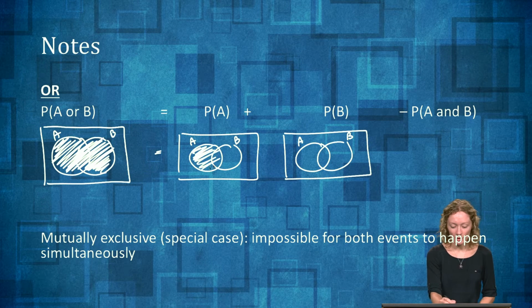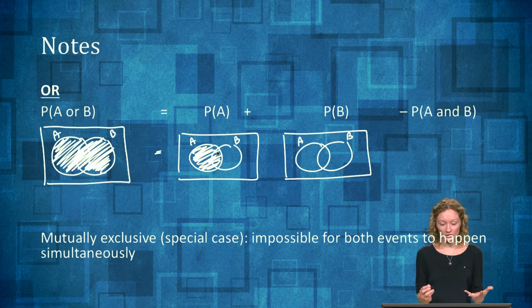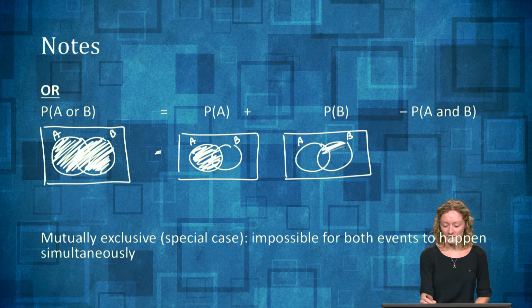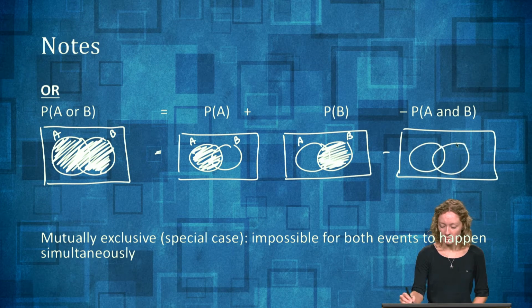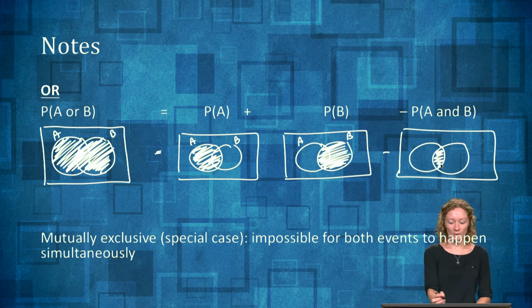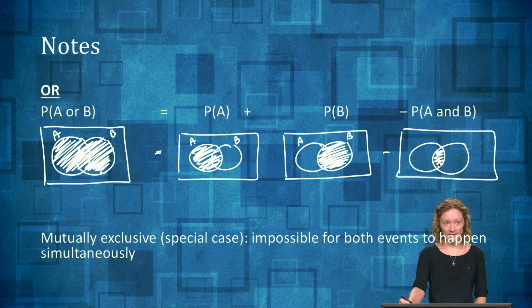The formula is, well, if we get the probability of one of those two things happening and add it to the probability of the other of those two things happening, we then have to subtract out the probability that both of them occurred. And why do you think that's the case? Well, if we just added these two together, then we will have double counted the stuff in the overlap. So we subtract it out one time.